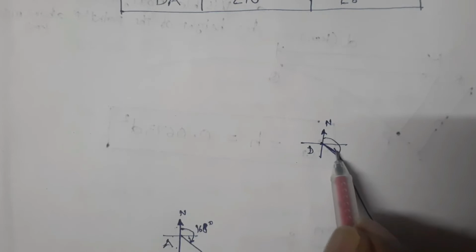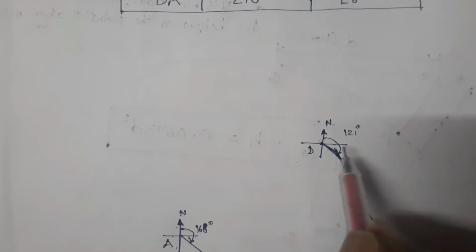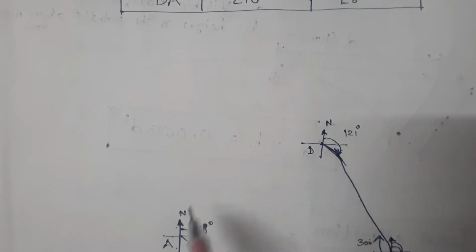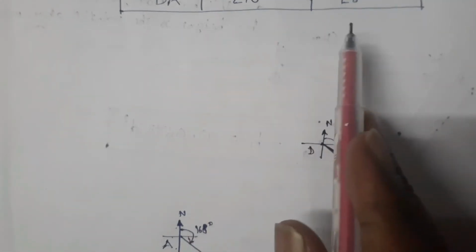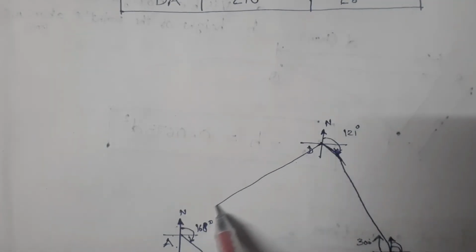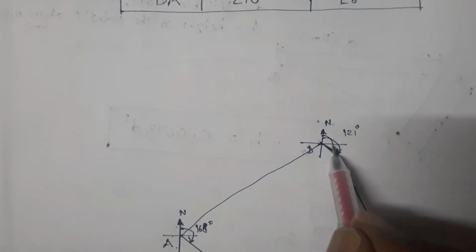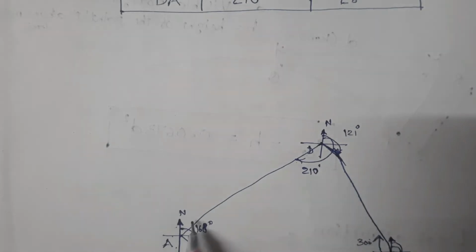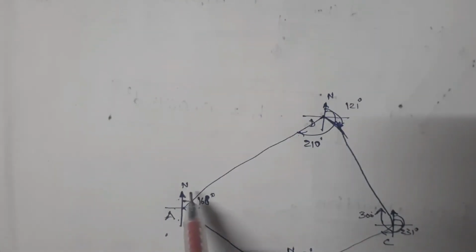Back bearing is 121 degrees. From D to A, forebearing is 210, back bearing is 28. From here to here, this is 210 degrees and back bearing is 28 degrees.